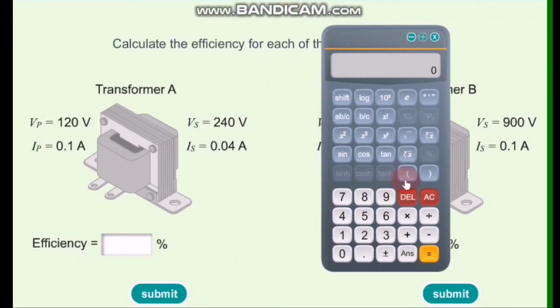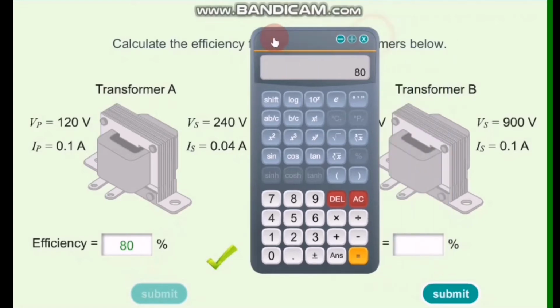Here, efficiency is given by the output power, which is given by Vs 240 multiplied with Is, which is 0.04, divided by the input power Vp 120 multiplied by Ip 0.1, and times 100. So the efficiency for transformer A is 80%.